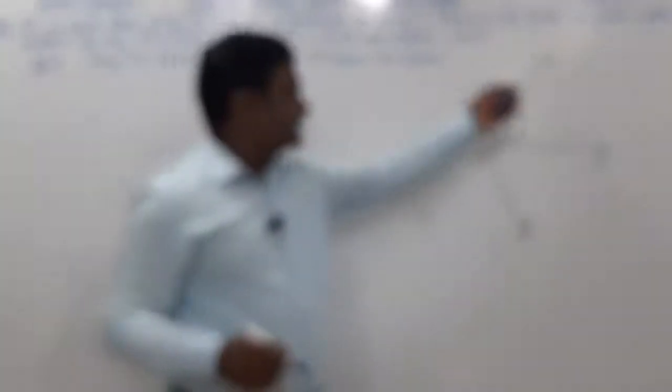Right friends? Okay. As ray YZ stands on the line XP, so we will get two angles. Therefore, the sum of these two angles, कौन से दो एंगल? XYZ plus ZYP. So, angle XYZ plus angle ZYP equals 180 degrees. Why?